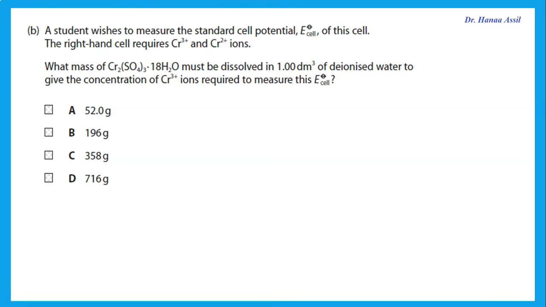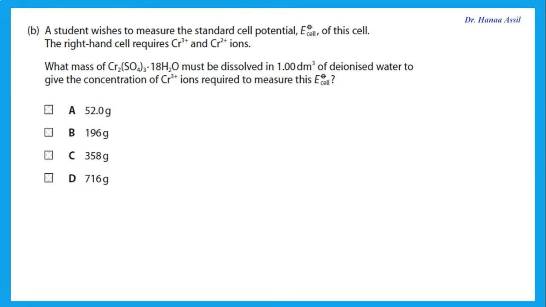A student wishes to measure the standard cell potential of this cell. The right-hand cell requires chromium 3 plus and chromium 2 plus ions. What mass of the chromium 3 sulfate salt must be dissolved in 1 decimeter cubed of deionized water to give the concentration of chromium 3 plus ions that is required to measure this E cell?